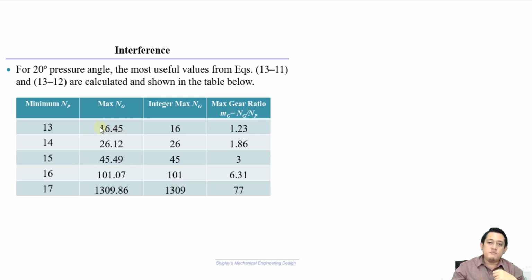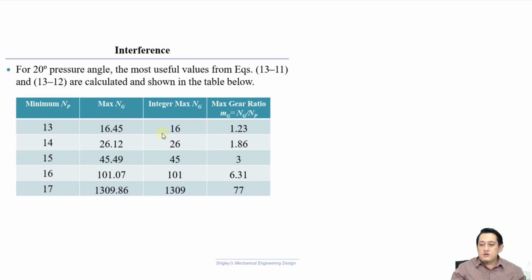This is the maximum, and of course we cannot have 16.45 teeth, so the maximum should be 16. If we pair 13 and 17, it will create an interference, which is not good.